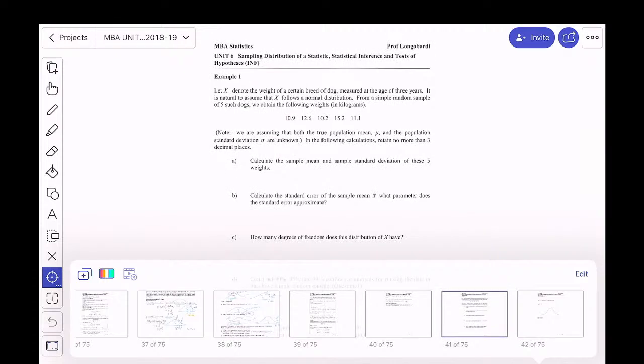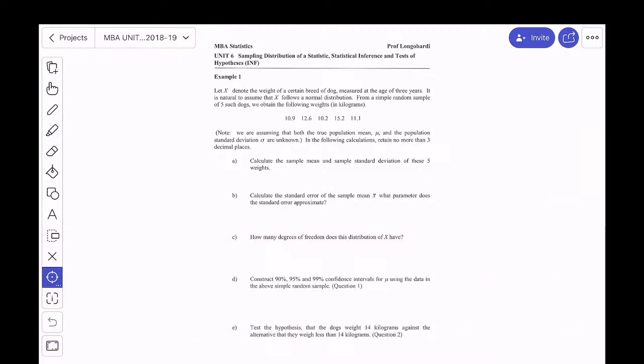And let's make a confidence interval. Here's my example on page 41.